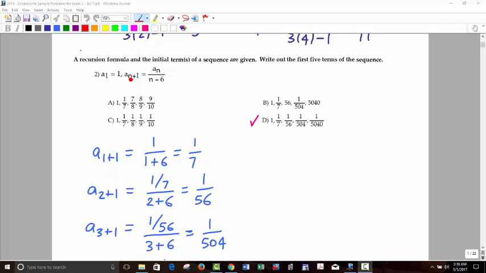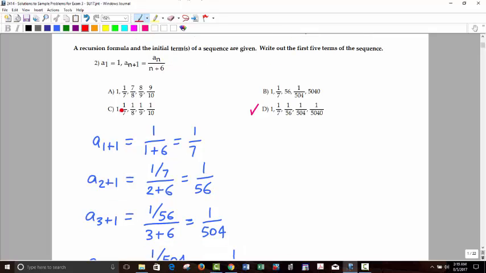a3 means n will be 2 because it's 2 plus 1. We'll use a2, which is 1 over 7, what we just found, over 2 plus 6, that ends up being 1 over 56. a4 means n equals 3, so we'll use a3 over 3 plus 6. a3 is 1 over 56, divided by 3 plus 6 gives us 1 over 504.